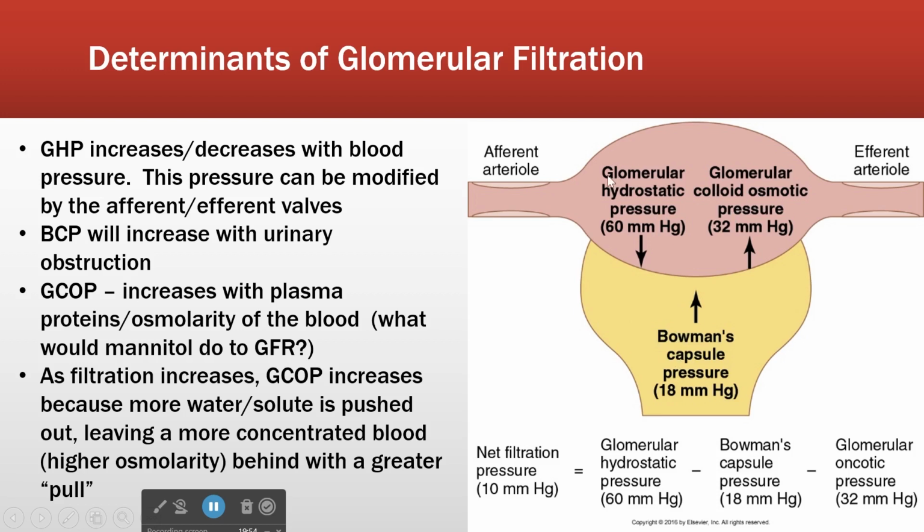So as we go from the beginning of the glomerulus to the end, our glomerular colloid osmotic pressure actually increases across the glomerulus because a bunch of water is leaving. If we push the water out, the solute is left behind and it's getting higher and higher osmolarity, so it's pulling more and more. Those are all features that are happening all the time.